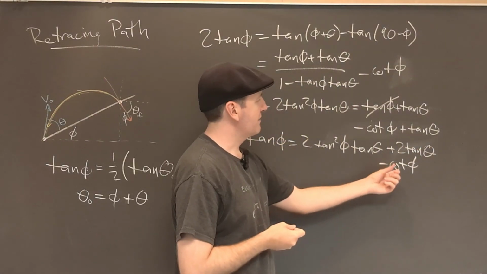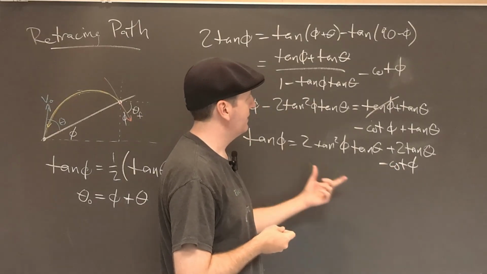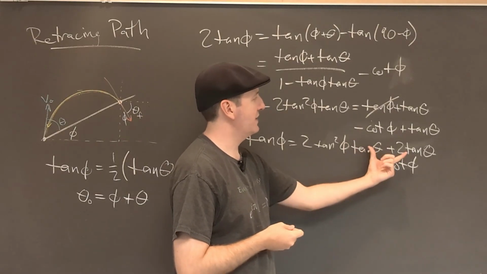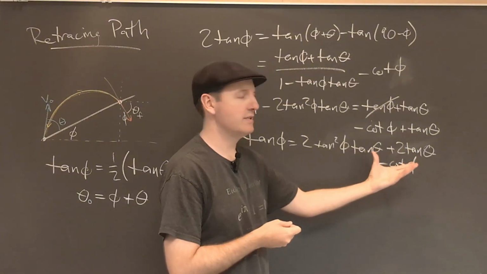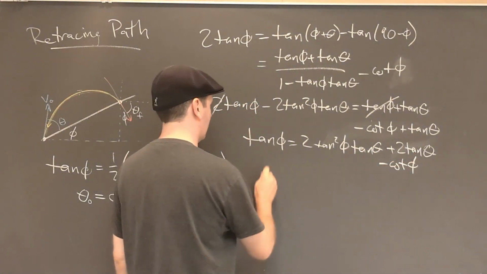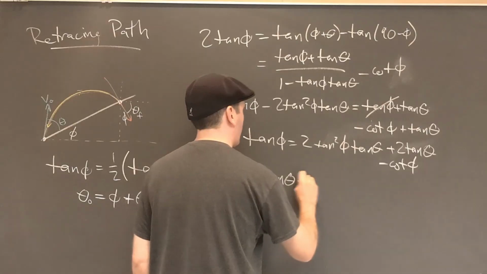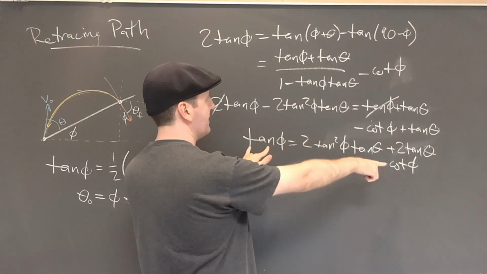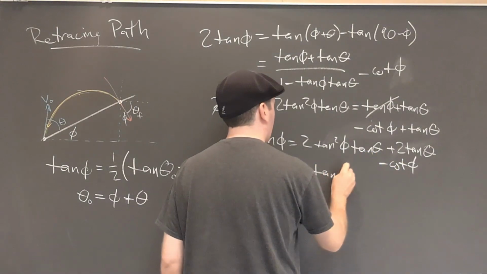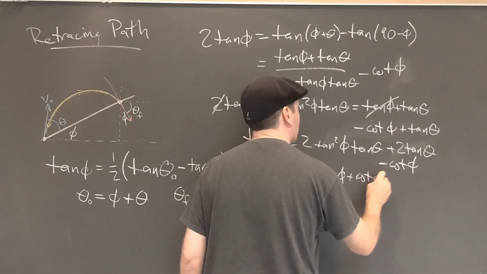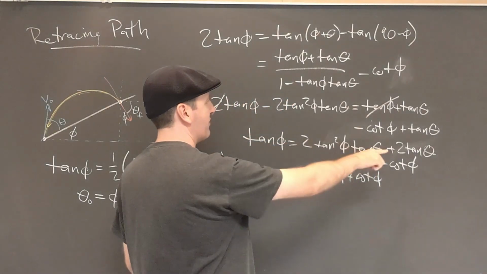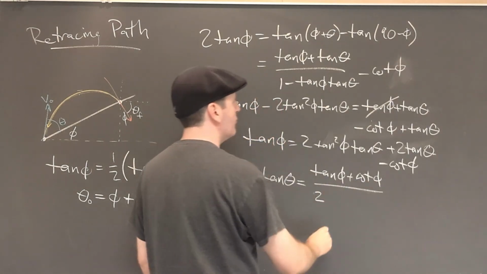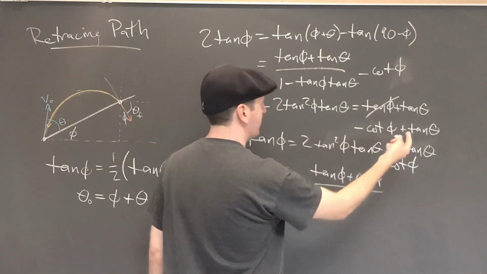So then what I'm going to do is add this over to the other side. I'll factor out everything that is attached to the tan theta, and isolate tan theta. So what will I have? I'll have tan phi plus cotan phi. Those actually will simplify in a sec. And then after factoring things out, there'll be a 2, and I'll have tan squared plus 1.